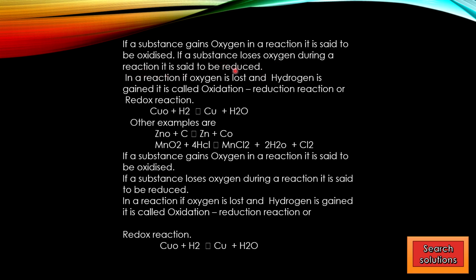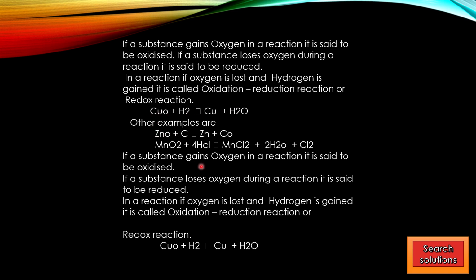If oxygen is lost and hydrogen is gained, then it is called reduction. Oxidation and reduction both put together, we can simply call a redox reaction. So this is the example.